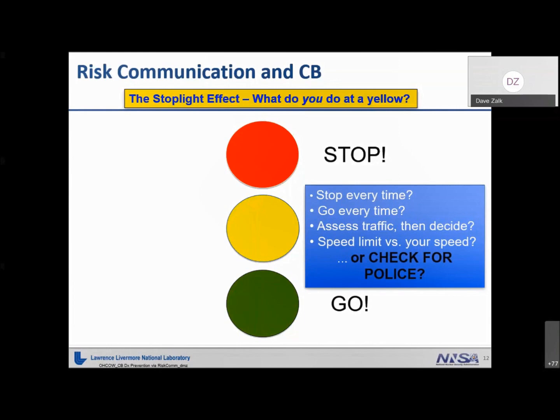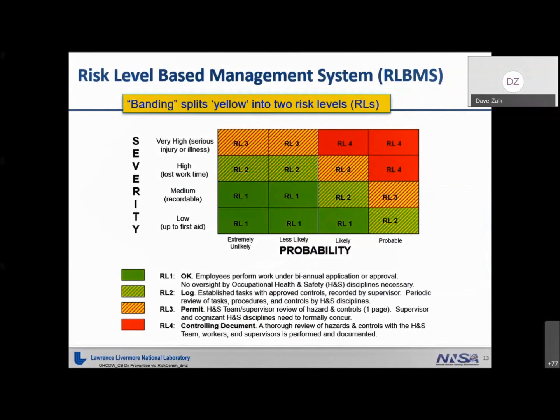This is generically speaking, but the last thing I do want for my EHS staff is to be viewed as police in the workplace. So what we did as part of our risk level-based management system is simply divide the risk levels into the yellow, closer to red is risk level 3, closer to green is risk level 2. You'll see this particular risk matrix a number of times for a number of reasons, but I wanted to bring your attention down below to the different risk level controls for the management system.